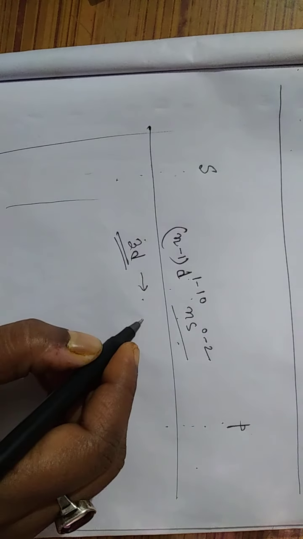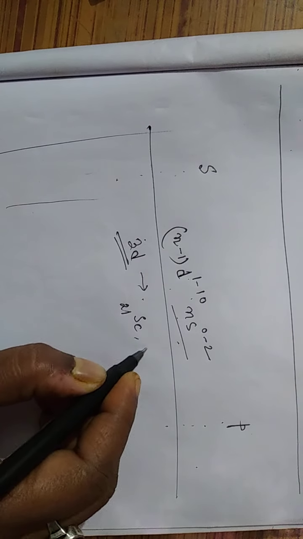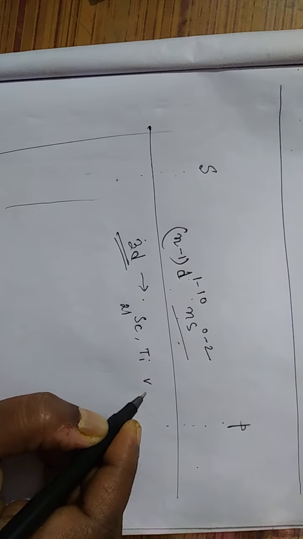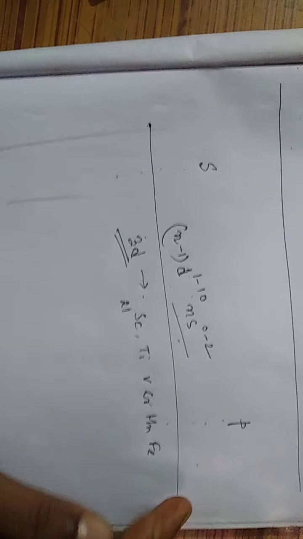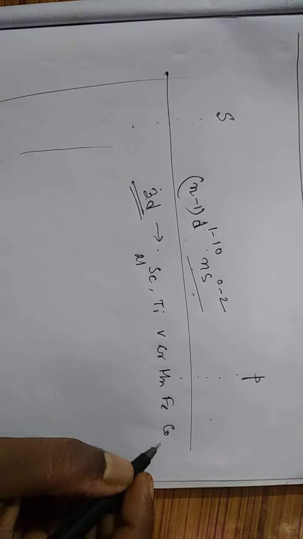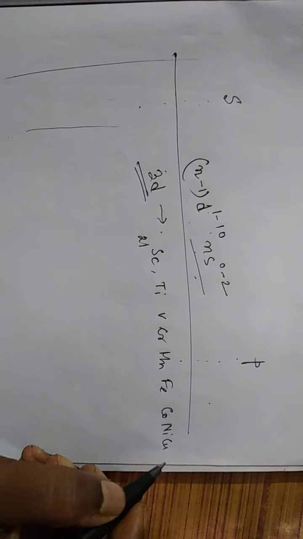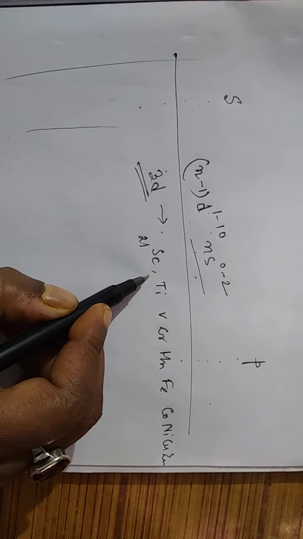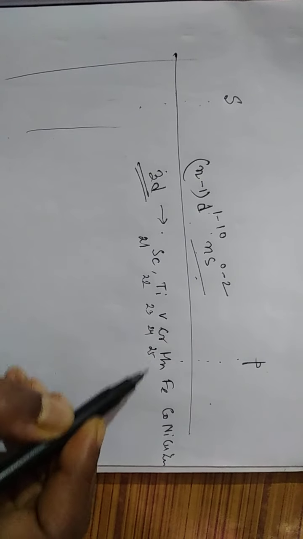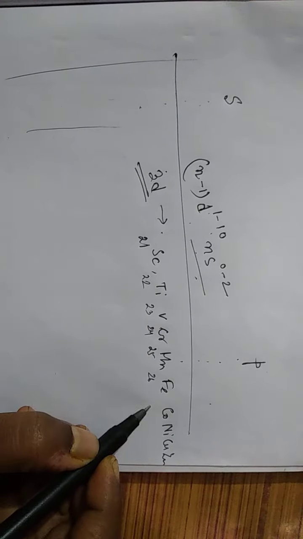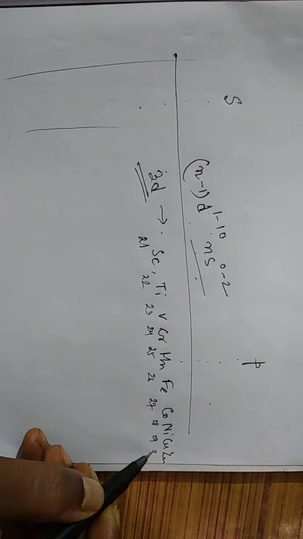It starts from scandium, atomic number 21, then titanium 22, vanadium 23, chromium 24, manganese 25, iron 26, cobalt 27, nickel 28, copper 29, and the last one is zinc, 30.